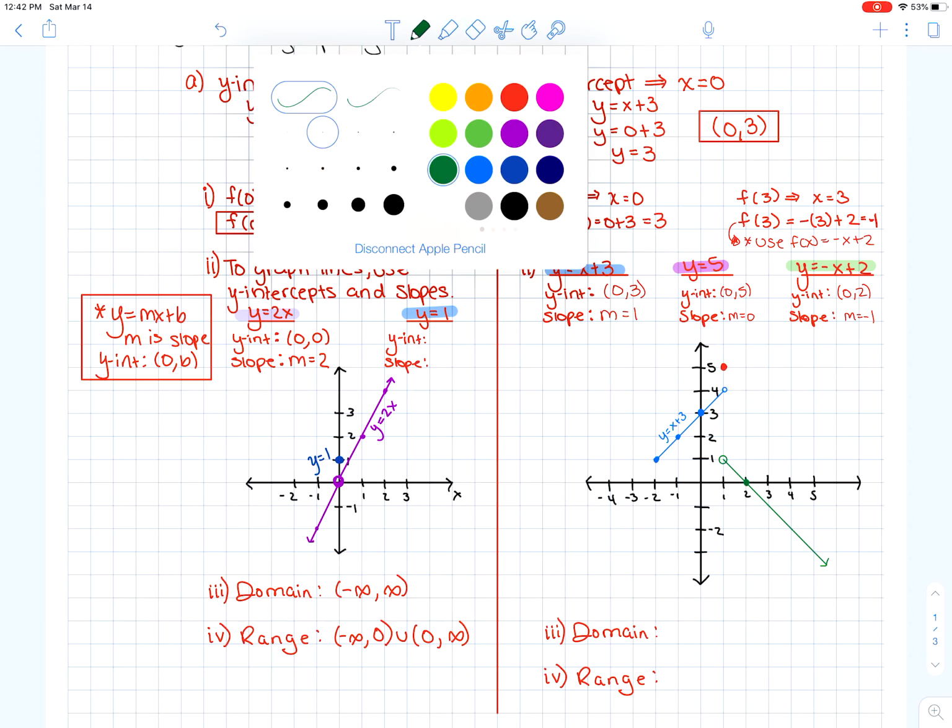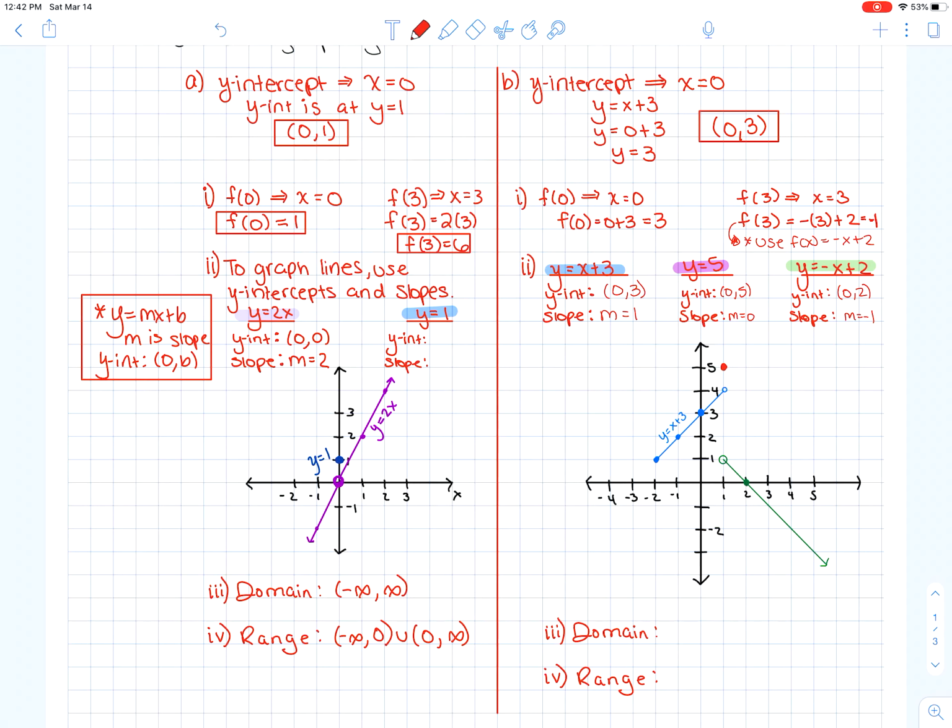Now we're ready to write the domain and range for this piecewise function. And the domain is, the smallest thing x could be is negative 2. And it goes all the way to infinity because at x equals 1, we have a function. It's defined at 5. Excuse me.